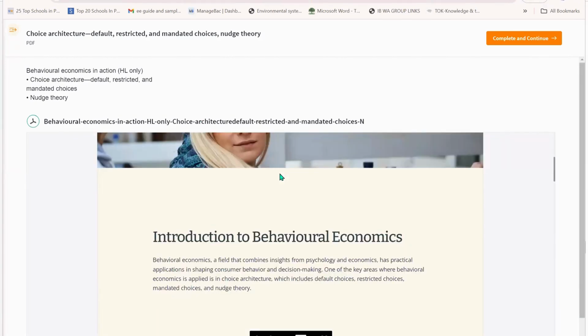So one of the first ways to improve the behavior of consumers so that they can make really rational choices without being impacted by any biases is choice architecture.